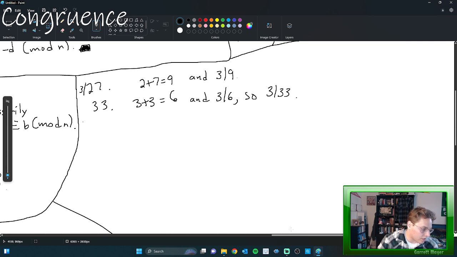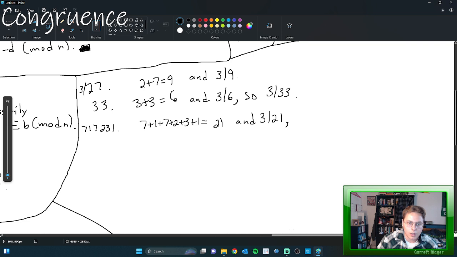Additionally, if we want to make this a little bit more complicated, we could take the number 717231. Well, 7 plus 1 plus 7 plus 2 plus 3 plus 1 equals 21, and 3 divides 21. So we know that 3 divides 717231.